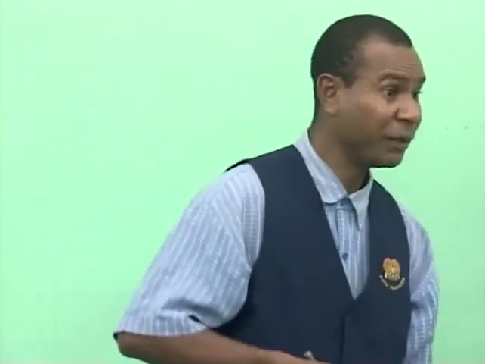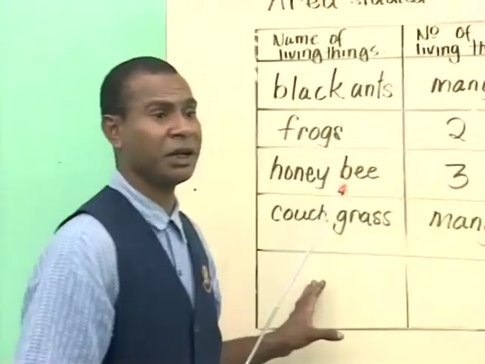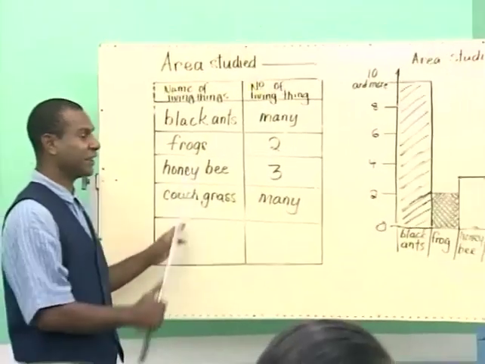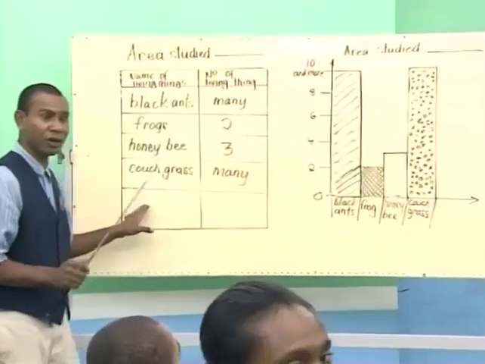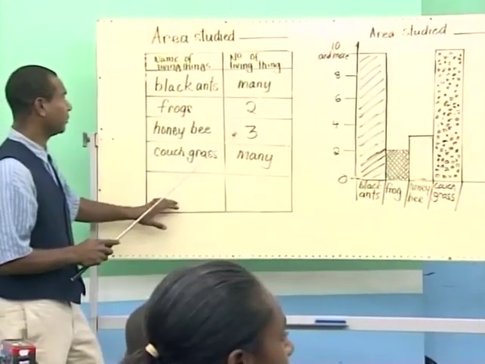Now, let's go through what you should have done for your chart. This information is not real. This is an example. You will use, or you have used, the data that you have collected. This is a table of living things.